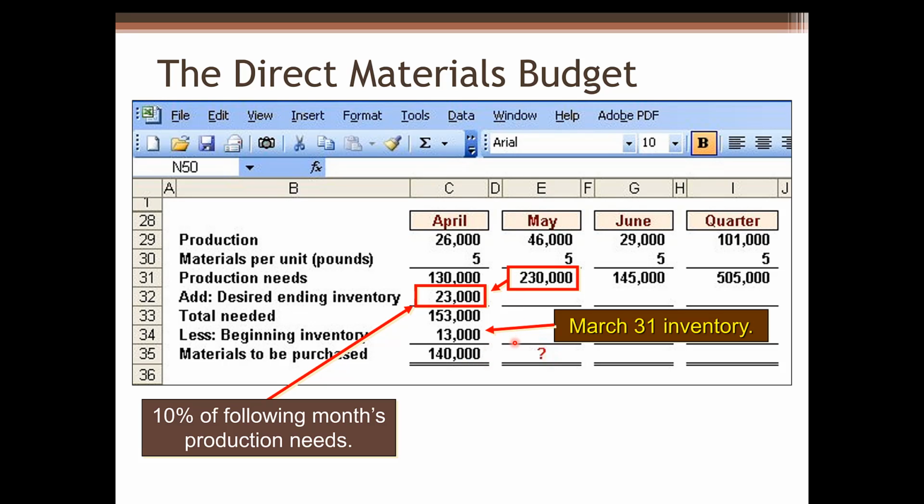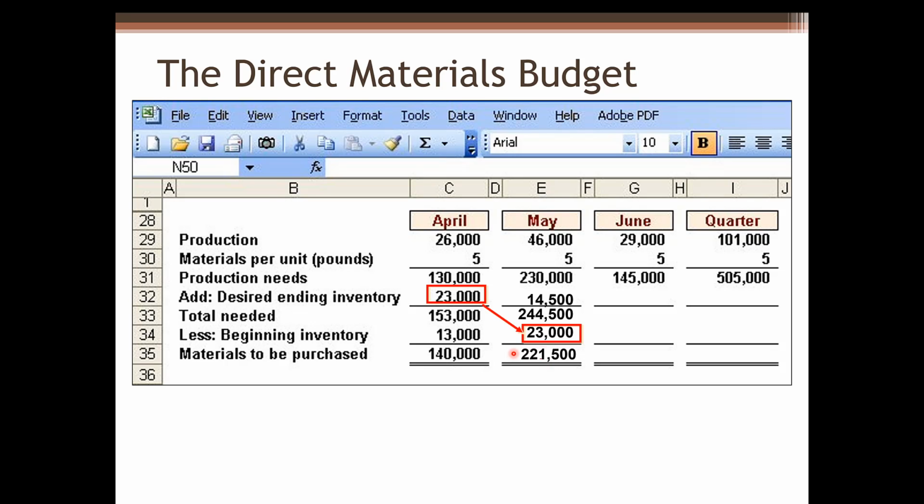For May, we can do the same thing. 46,000 units multiplied by 5, and we get production needs of 230,000 pounds of materials. Add desired ending inventory, which is 10% of production needs in June. So this is 14,500.